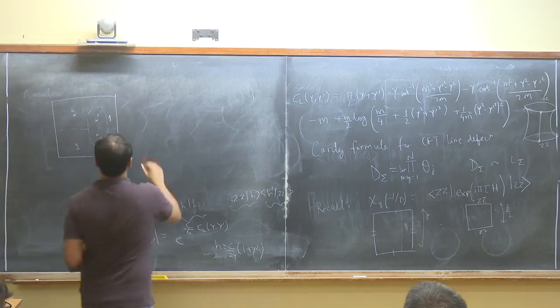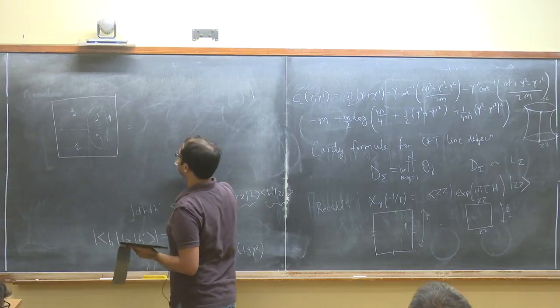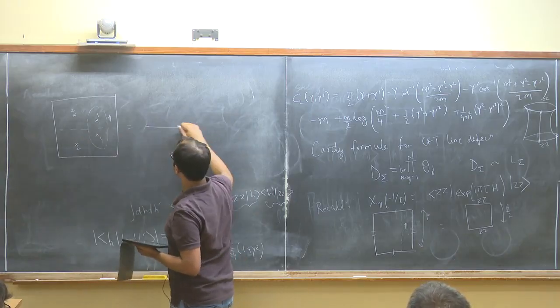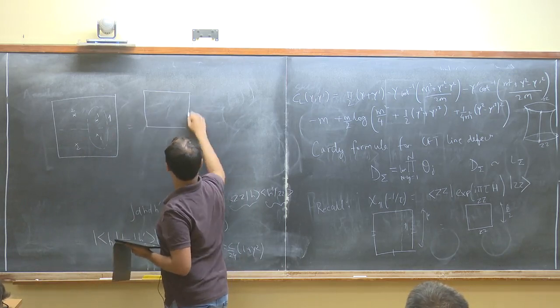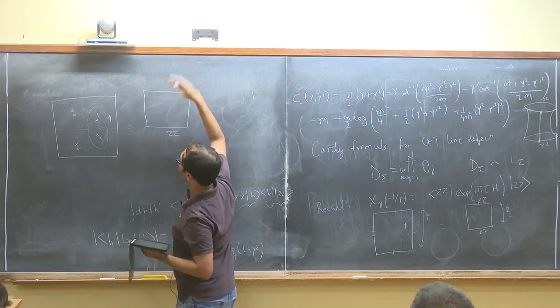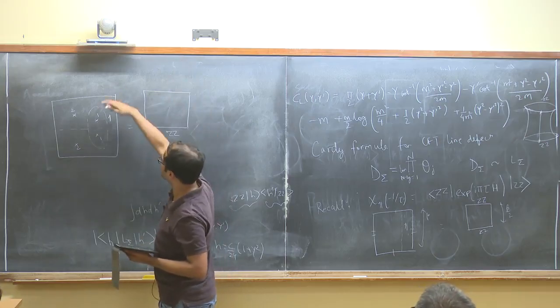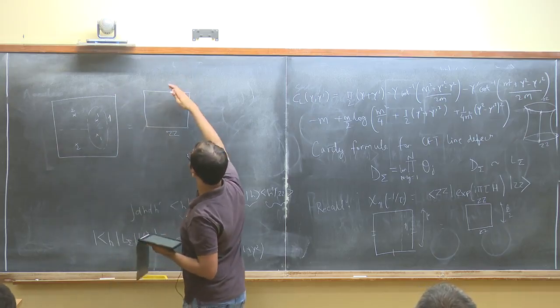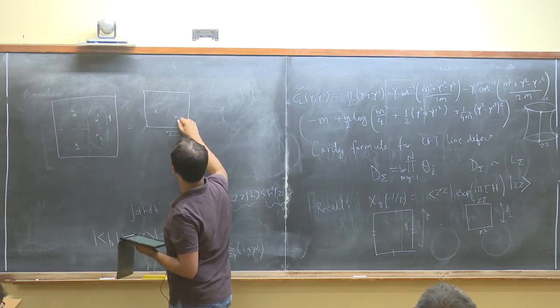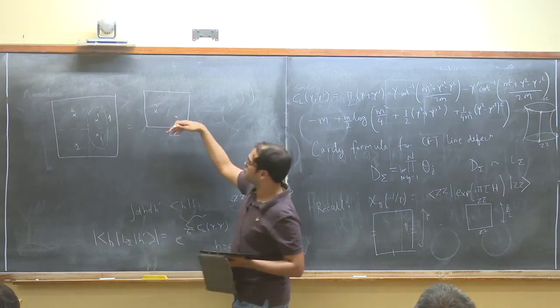And again, you can use the same trick: cut the path integral in half, and then think of this as a Liouville path integral. This boundary is at infinity because I'm computing it on the sphere, so I don't have to impose any boundary. Now I just compute the Liouville 2-point function on a disk.